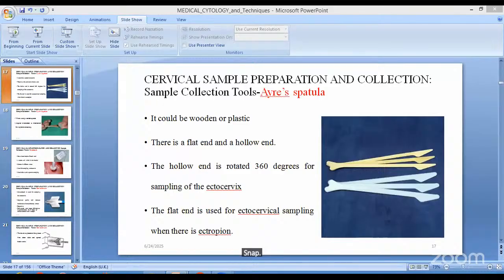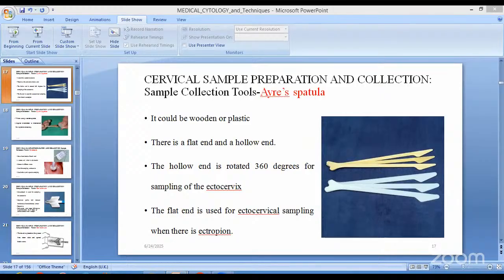After collecting the sample, you have to spread it on a grease-free clean slide, and you move it backwards to have a well spread smear. I'm projecting that on this slide. You can see it.